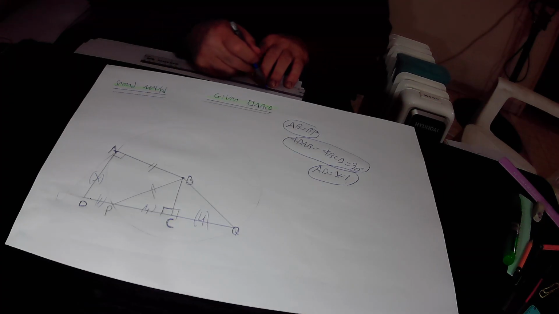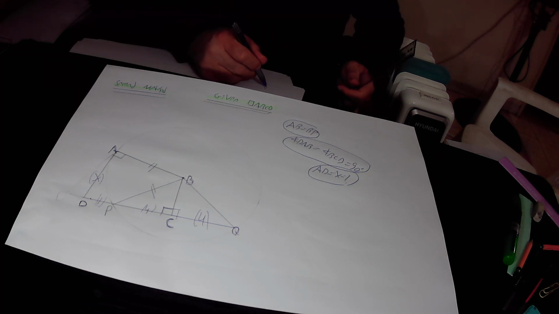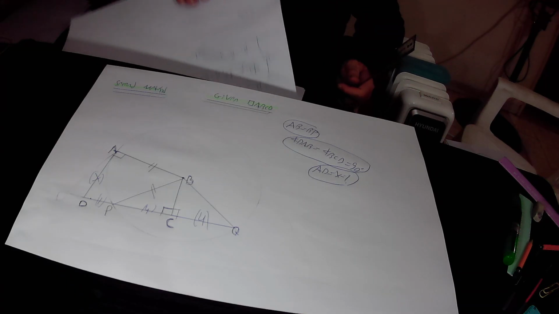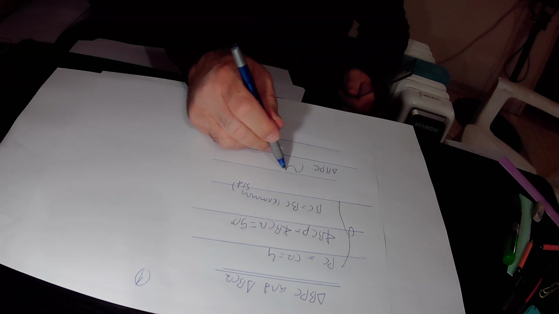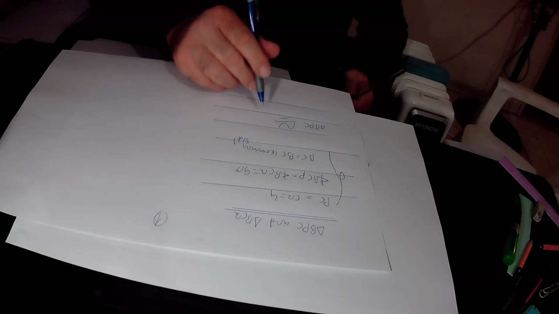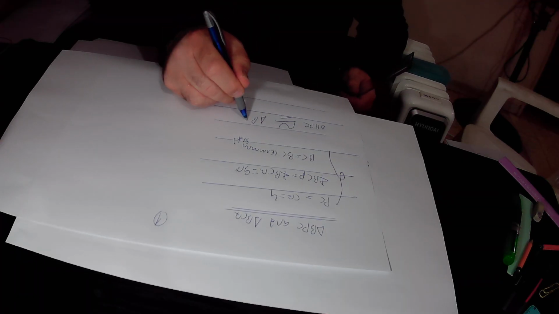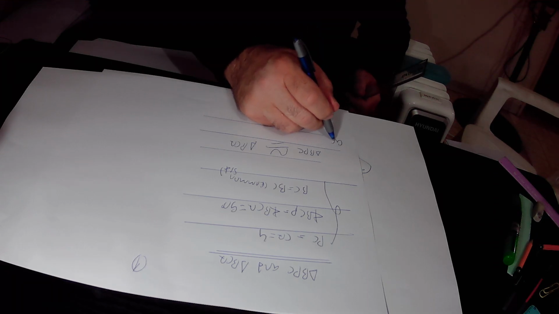So write it down. The right triangle BPC is congruent, this is the sign of congruent, to the right triangle BCQ according to the side angle side rule.